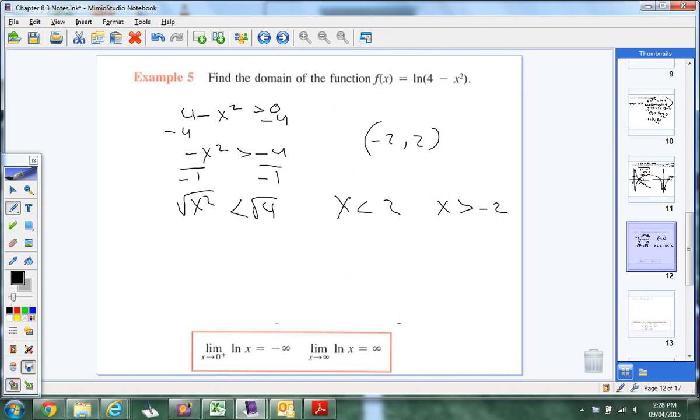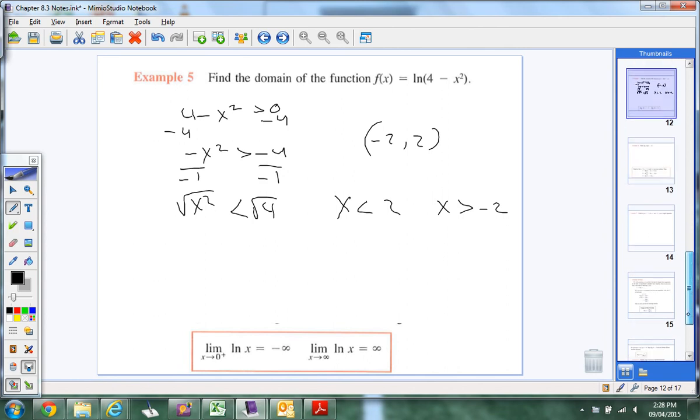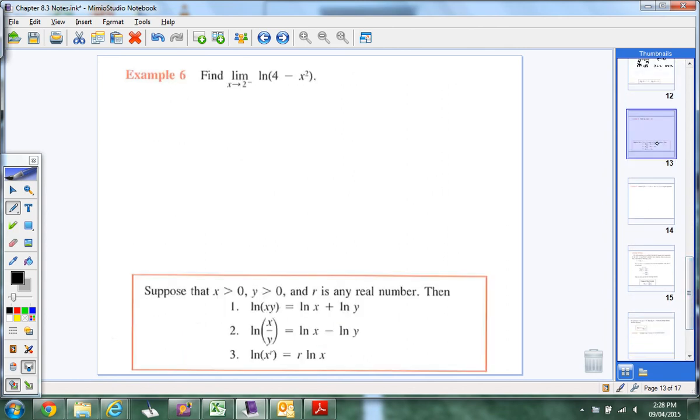All right. I'll try to hurry up here. Okay, so find the limit as x is going from 2 to the left. Okay, so it's going 2 from the left.